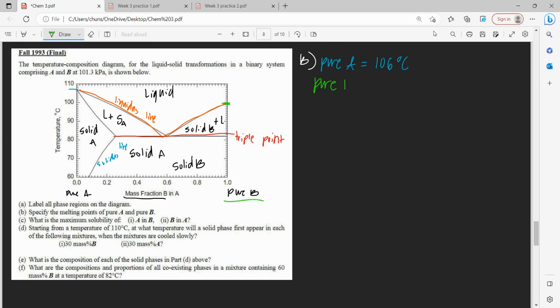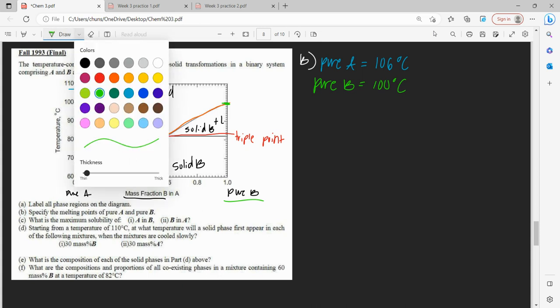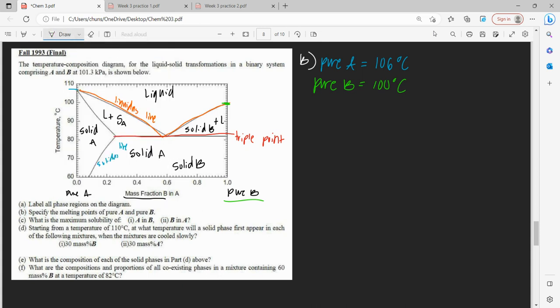So at pure B is about 100 degrees Celsius. So we want to find the maximum solubility of A in B, and then we have B in A.